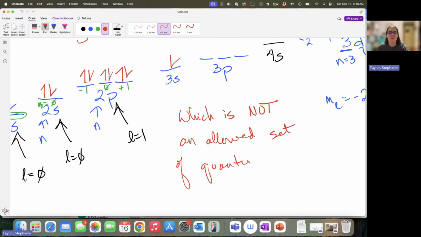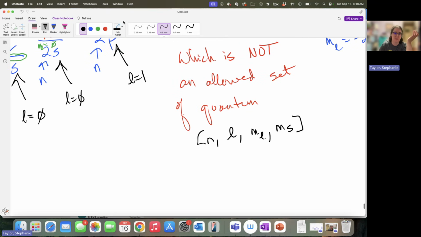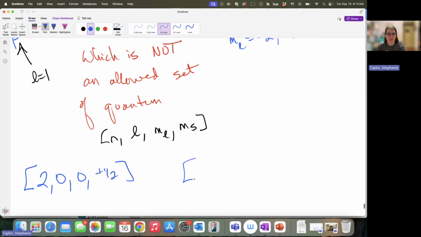When we do sets of quantum numbers, we always do them in n, L, m sub L, m sub S order. So if we want something that's not an allowed set of quantum numbers, we'd give you two sets to pick from. Something like this. And we'll just do one more.